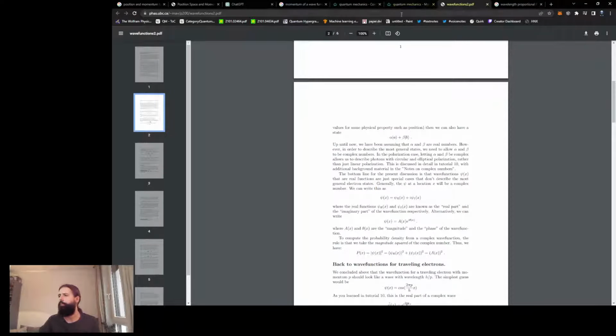You know what I mean? This is just an example of a wave function, and it's time independent. It's very interesting. To me, it's a bit confusing, right?